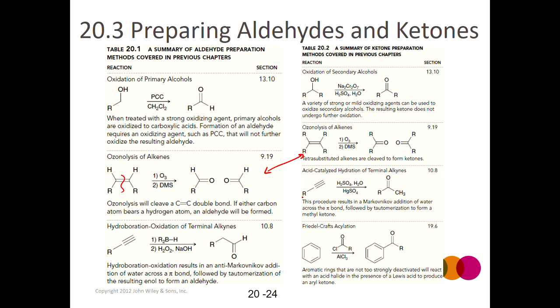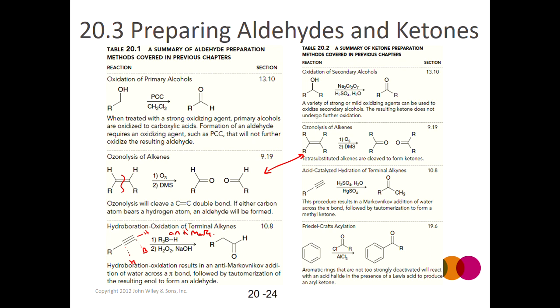Last semester, we also talked about converting an alkyne into a ketone or an aldehyde, and that's through a hydration reaction. So if I do an anti-Markovnikov hydration using hydroboration conditions followed by oxidation, then the boron would end up going here, and the hydrogen would end up going there, and then eventually the boron would be replaced with an oxygen.